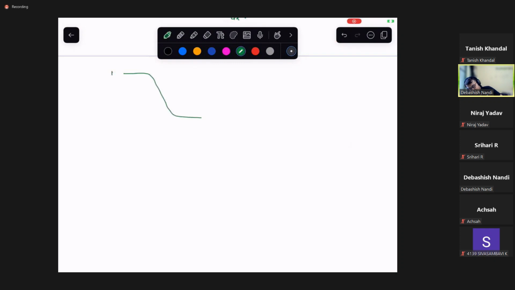This is, let's say, your EC. This kind of energy band diagram, by the way, is for a PN junction, and you will see this in future classes. And this is EV, let's say. So what will be the direction of my electric field?